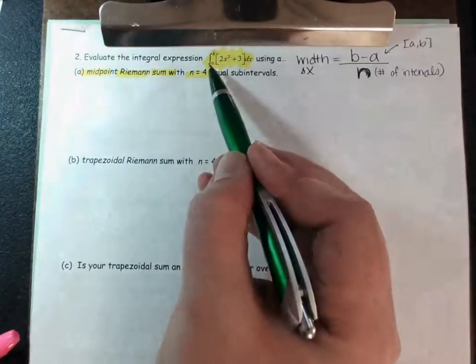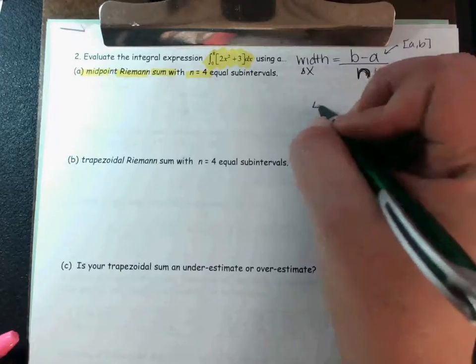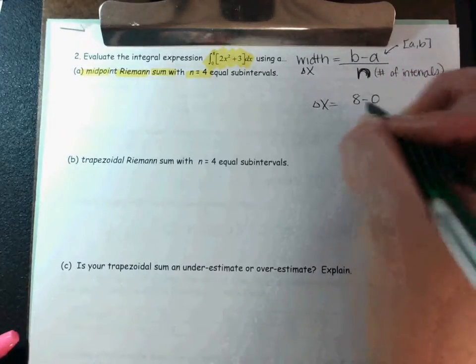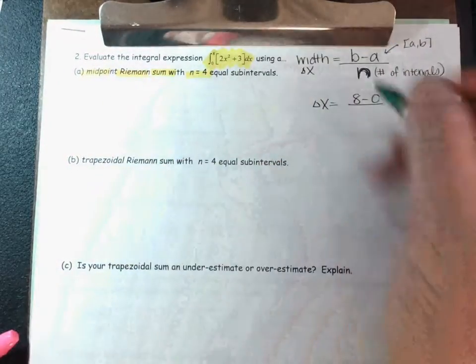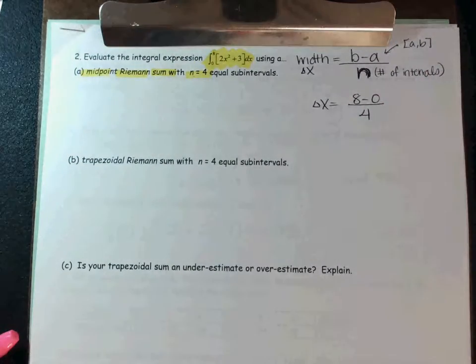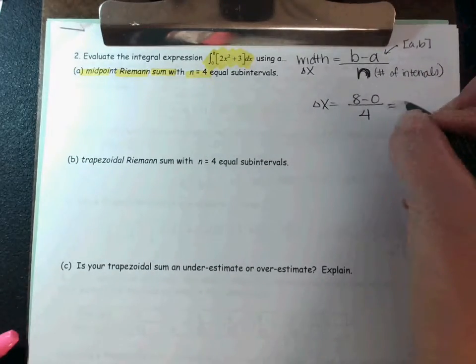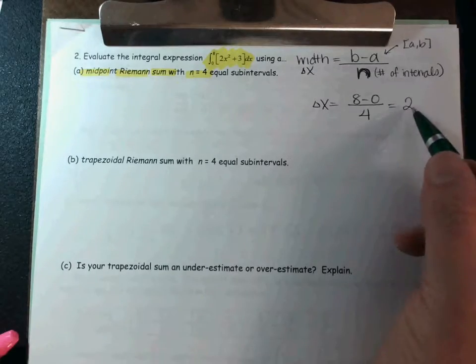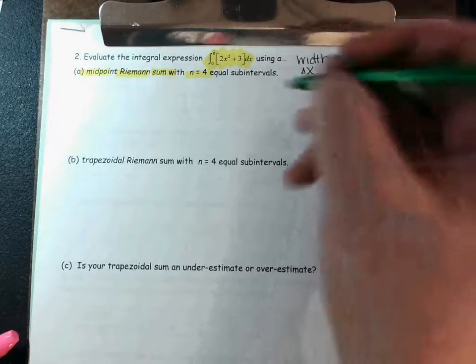Well, then I would say, okay, I'm going from 0 to 8. So that'd be 8 minus 0 divided by, and then I want n equal parts, 4. Well, 8 minus 0 is 8, divided by 4, 2. So each of my things need to have a space of 2 in between.